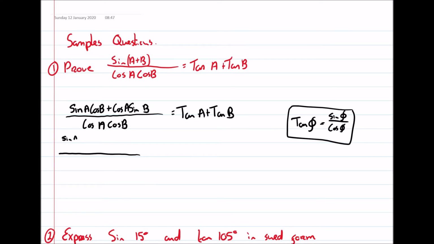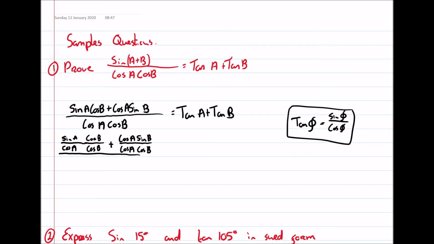So sine A over cos A, and then cos B over cos B. So I've divided this section by cos A cos B. I'm going to do the same over here: cos A sine B, and I'm going to divide that by cos A cos B again.